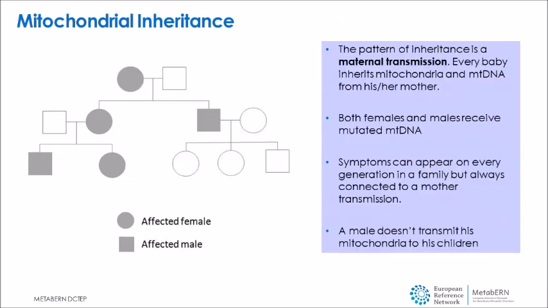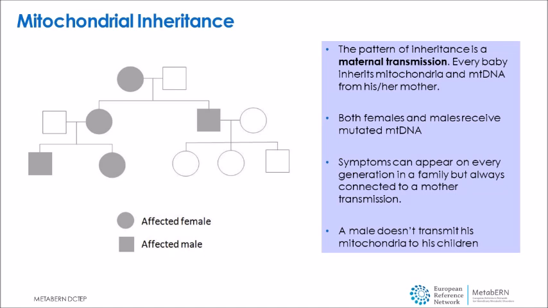The last, but not least, pattern of inheritance concerns mitochondrial inheritance. In this case, we speak of maternal transmission. That is to say, every baby of a mother inherits mutated mitochondria and its mitochondrial DNA from her or his mother.